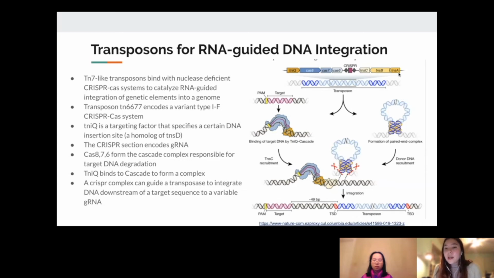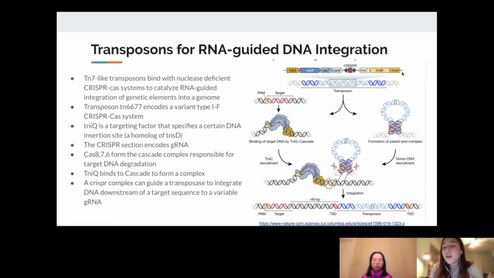And then we have TNS A, B, and C. We still have the TNS A and B that can cut out a donor sequence of DNA and catalyze DNA integration. And then we have TNIQ. TNIQ is a targeting factor that takes the place of TNSD. We can see in this Cas system that we're lacking Cas 1 to 3, so we're lacking the part of the CRISPR-Cas system that is able to actually cut out DNA.